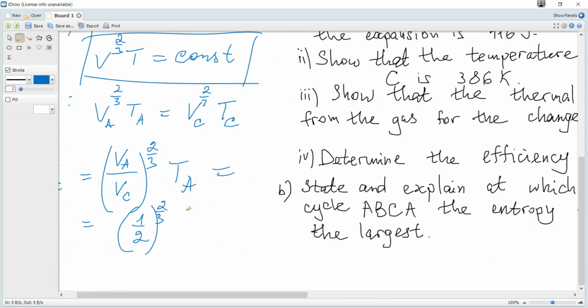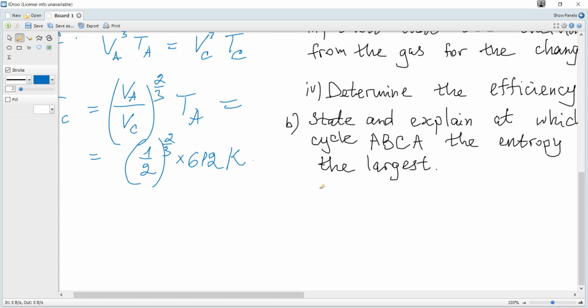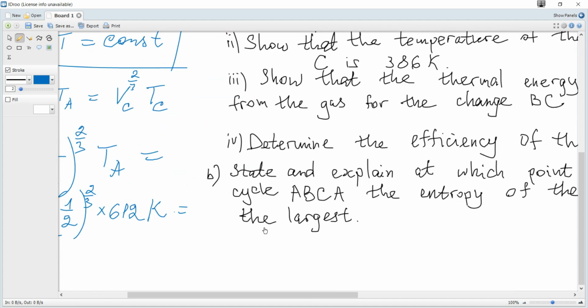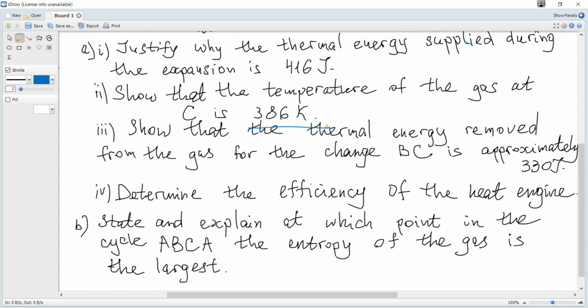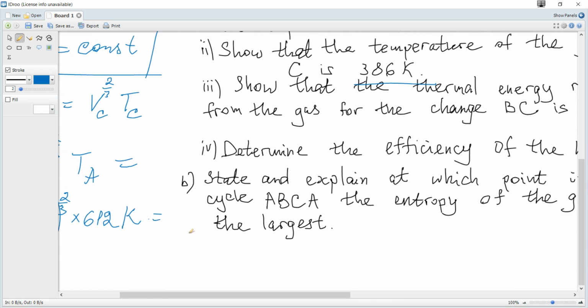the temperature at A is 612 kelvins. And definitely you remember that temperature must always be in kelvins. If it's a change in temperature, it may be in Celsius, but just temperature must always be in kelvins. And notice that the question is to show that, so you cannot write just that it is equal to 386 kelvins.